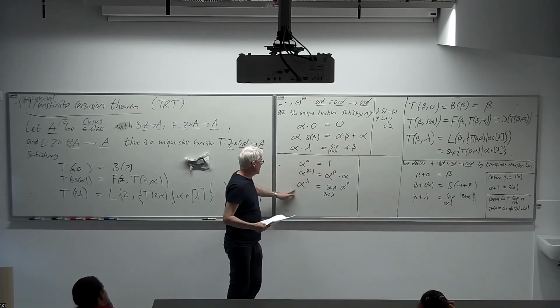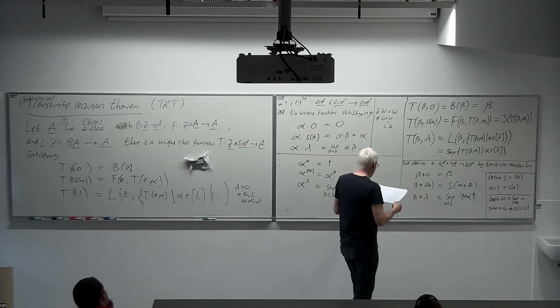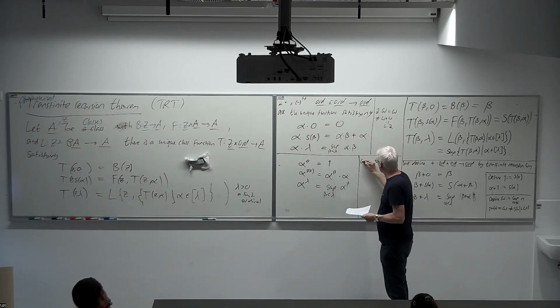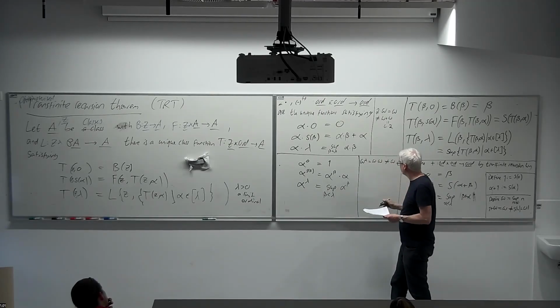So for exponentiation, it's not really interesting that commutativity fails because it fails also for the natural numbers. So we expect commutativity to fail for exponentiation. But what maybe is interesting is this, that if you look at omega squared, then this is omega times omega, and that's not equal to omega.